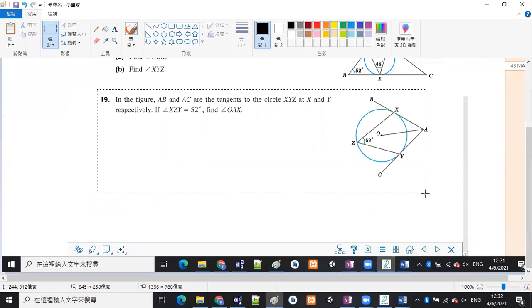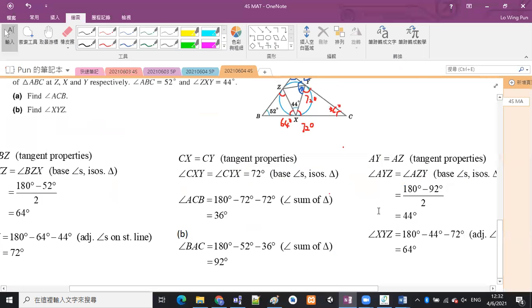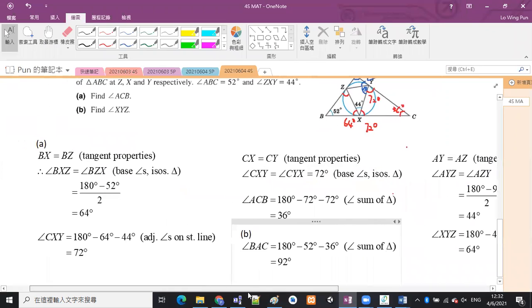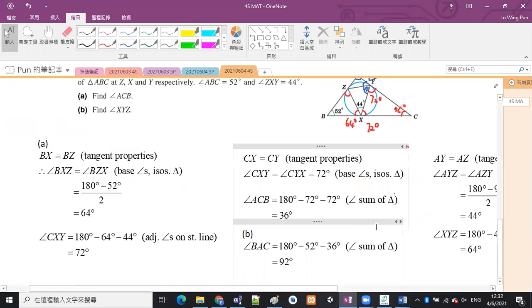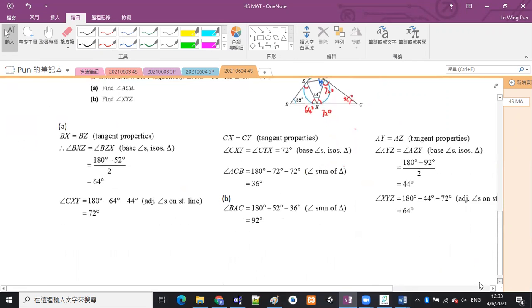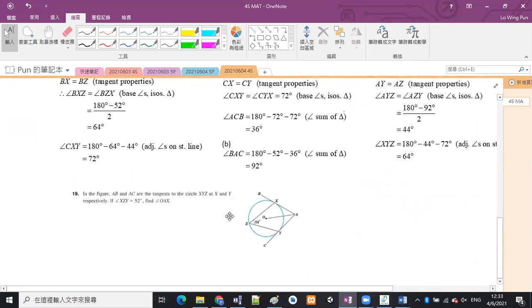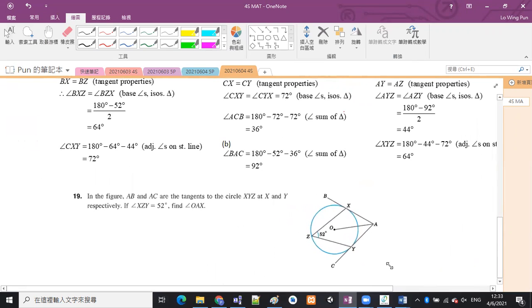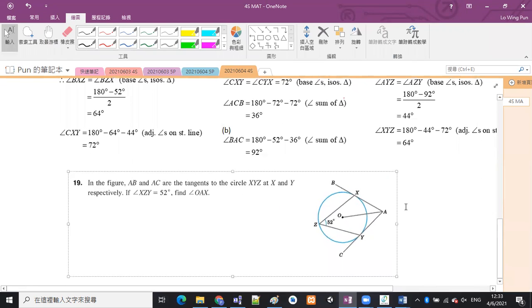Okay, next one. Number 19. Number 19. So AB and AC are the tangents to the circle at X and Y respectively. XZY is 52 degrees.